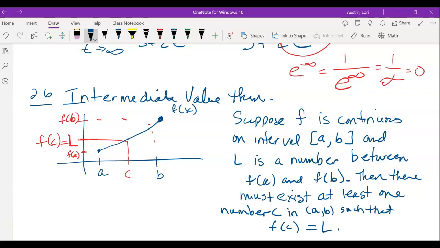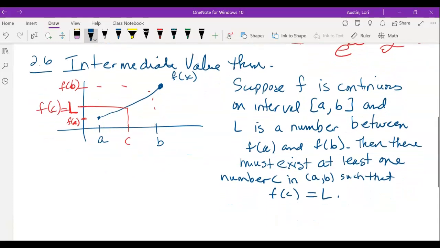Now, a couple things can exist here. Number one, you can have more than one. That's why it says at least one number C. Because if my function looked like this, here's my A and B again, everybody see that? What if my function looked like that?